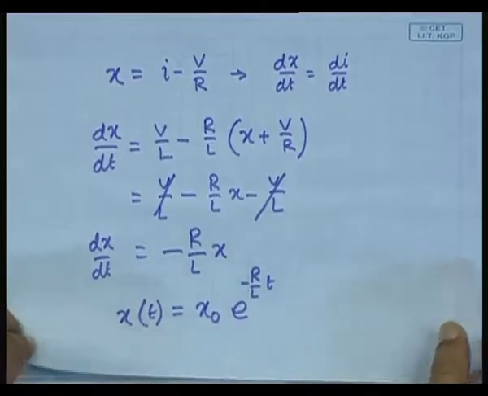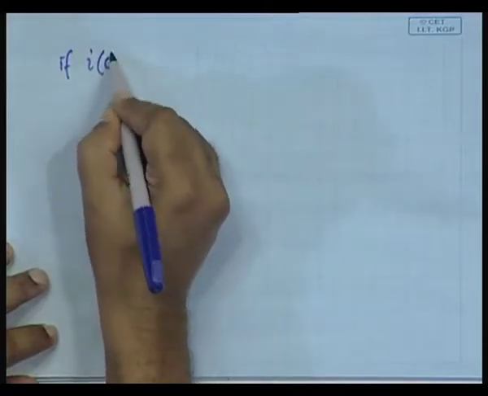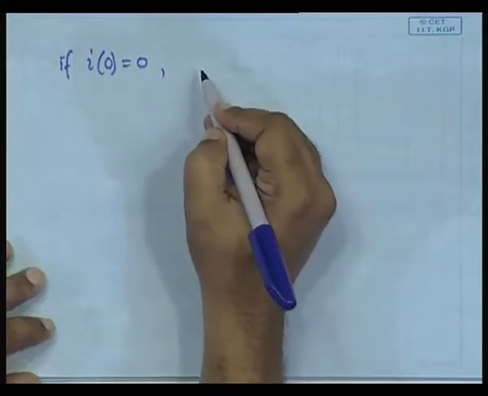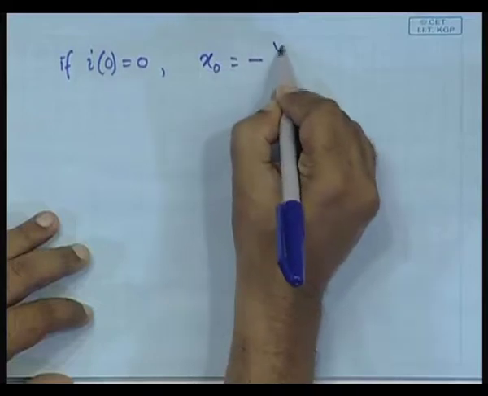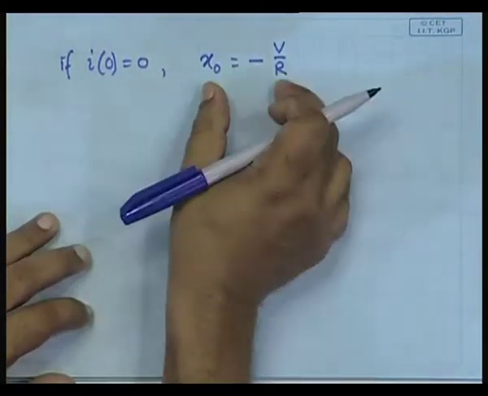How much is that? If I at 0 is equal to 0, then x naught is minus V by R. Fine, so that is the initial deviation.